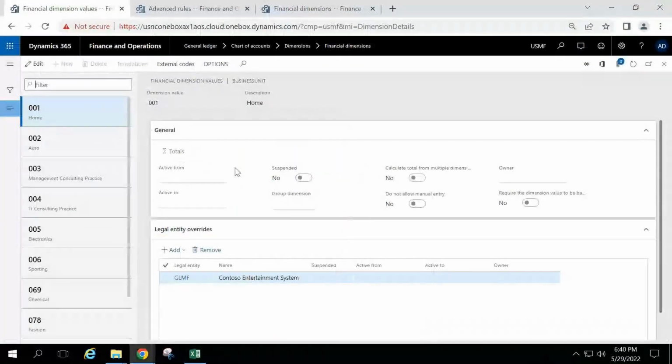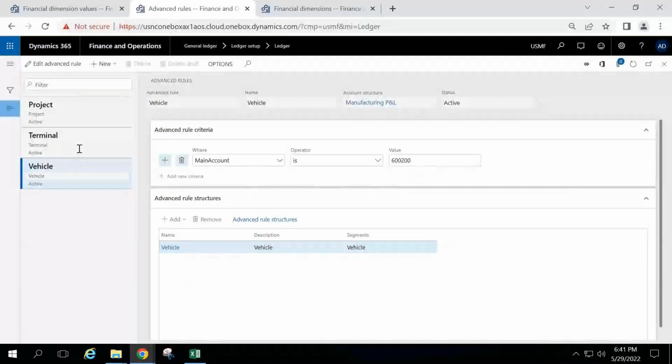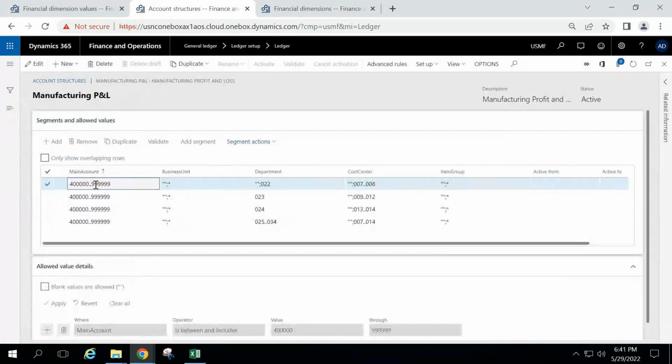Now, the next one. If you look here, yesterday I created this vehicle dimension. This is the advanced rule attached.